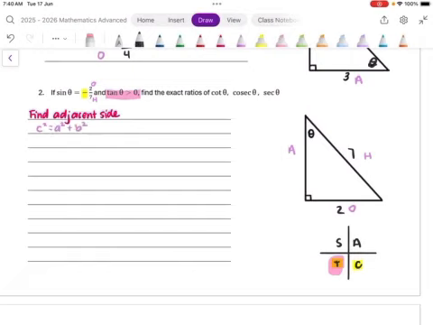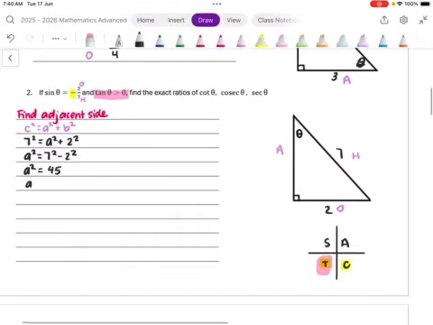Our c is always our hypotenuse. So c squared equals a squared plus 2 squared. So a squared is equal to 7 squared minus 2 squared. A squared is equal to 45.